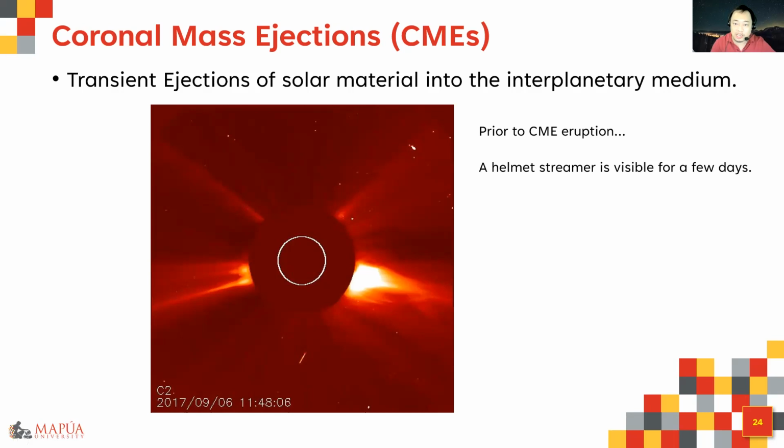But if a CME starts to erupt, remember the solar flare happened at around 12 UT. At 12 UT, you can see that nothing happened, because at this moment the solar flare just erupted. Remember this is a coronagraph, so this is the sun, and this is your covering.